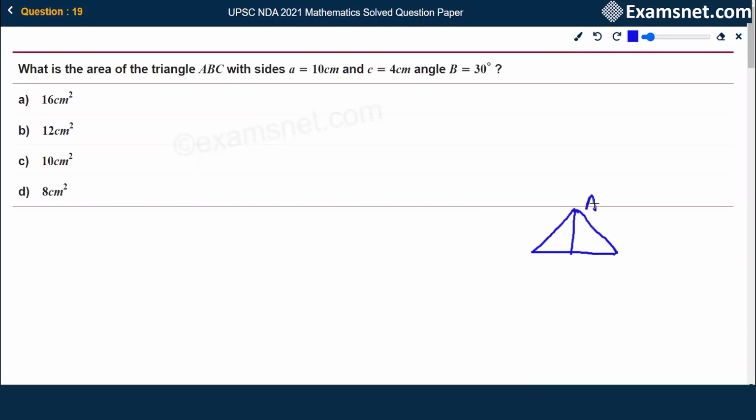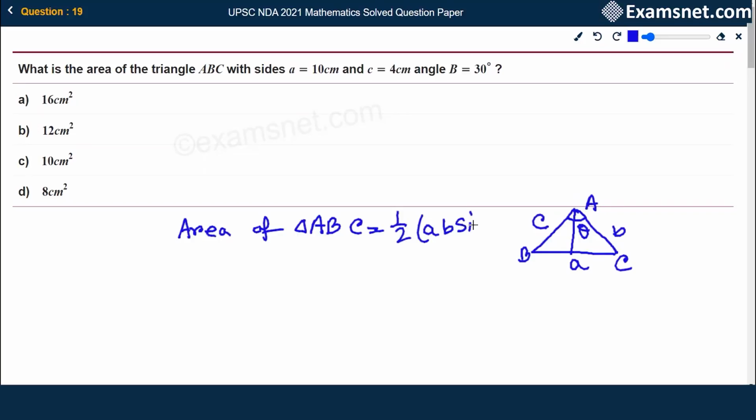Now, if in a triangle we are given two sides and one angle included between those two sides, let's say theta, then the area of triangle ABC can be found as half into the product of the two sides multiplied by sine theta, where theta is the angle between the two given sides.